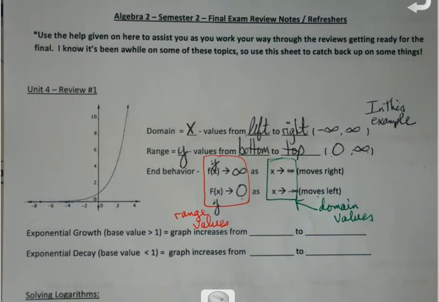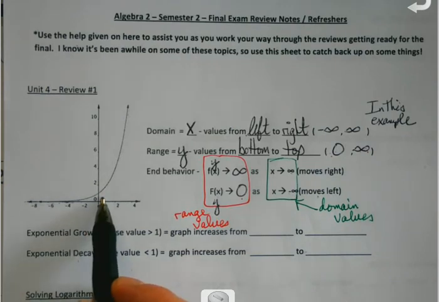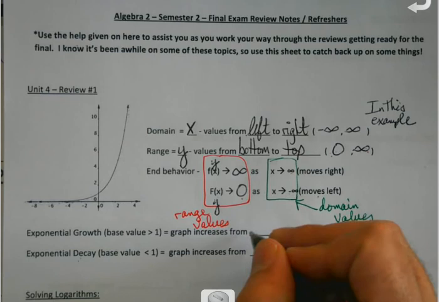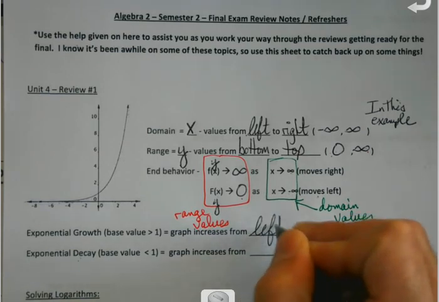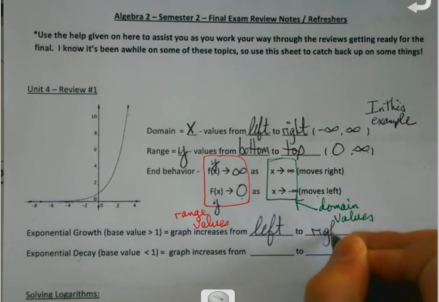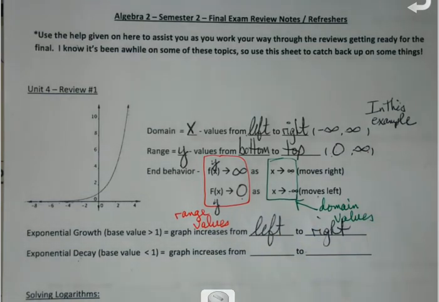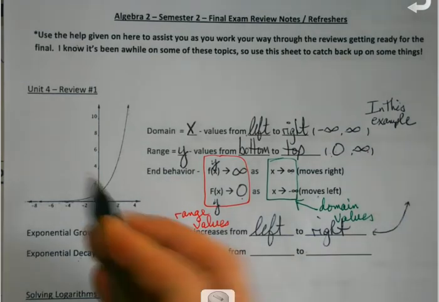Okay? And then just as a general note, if I'm trying to figure out if a graph is growth or decay, if I'm looking at it visually, it's going to increase from the left to the right if it's growth. My base value would be greater than 1. It probably looks something like the graph that I've got here.